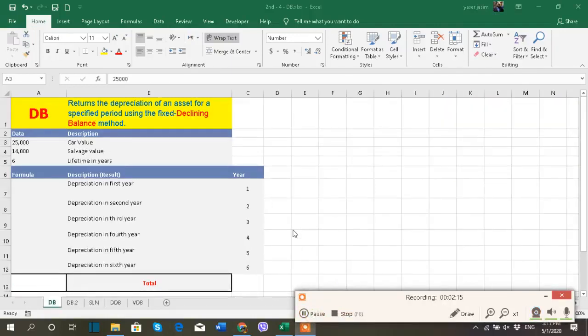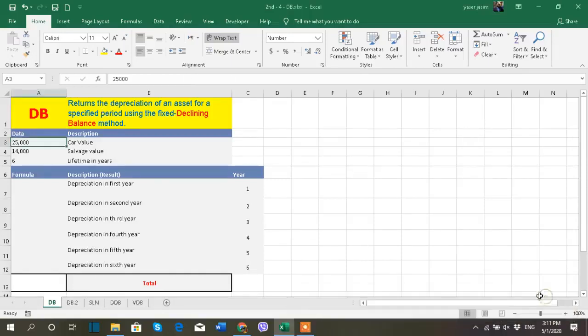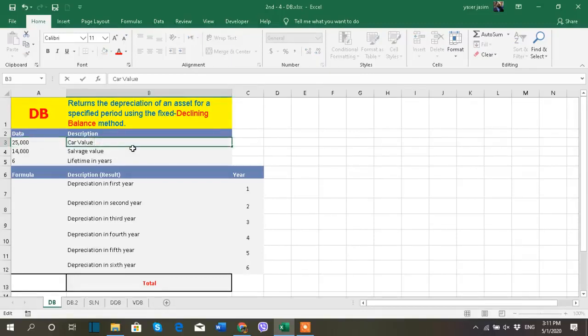Now to start with the DB function, I'm going to give you these notes. It returns the depreciation of an asset using the fixed declining balance method. What do we need? The car value or any asset value, or initial cost, or we can also call it the car cost.